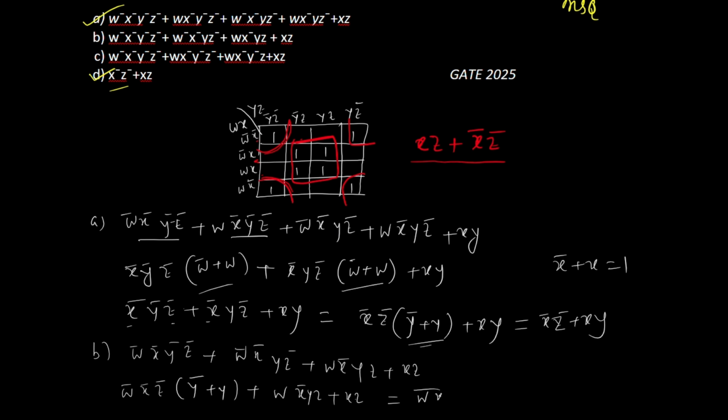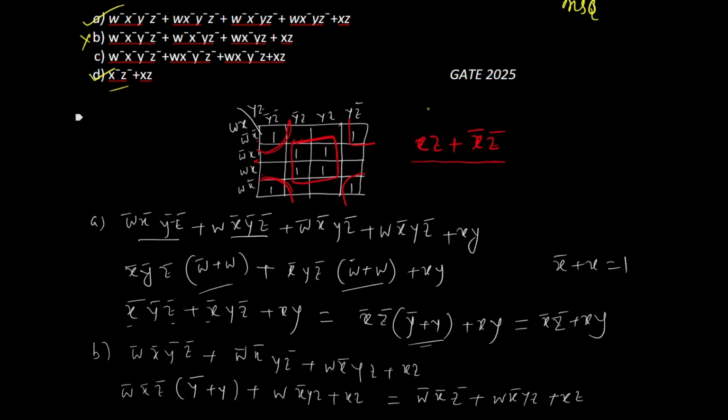We get w bar x bar z bar plus w x bar y z plus x z. So basically this is not matched, so option number B is incorrect.